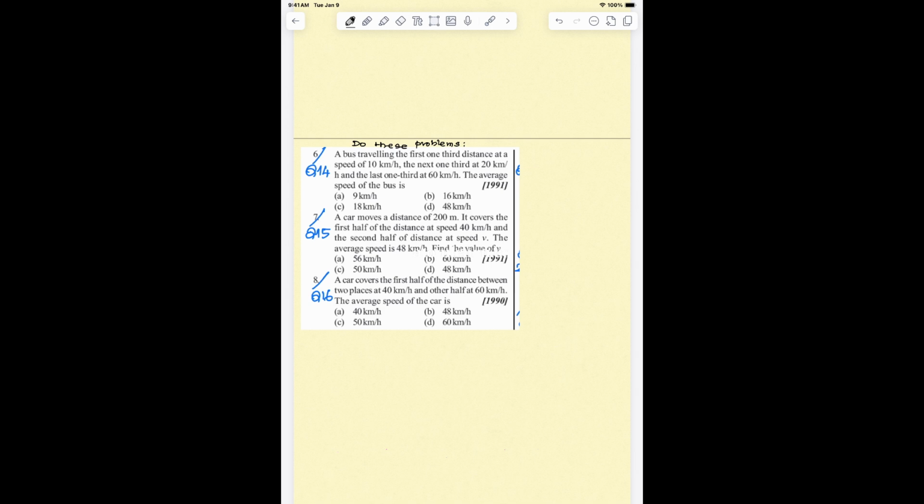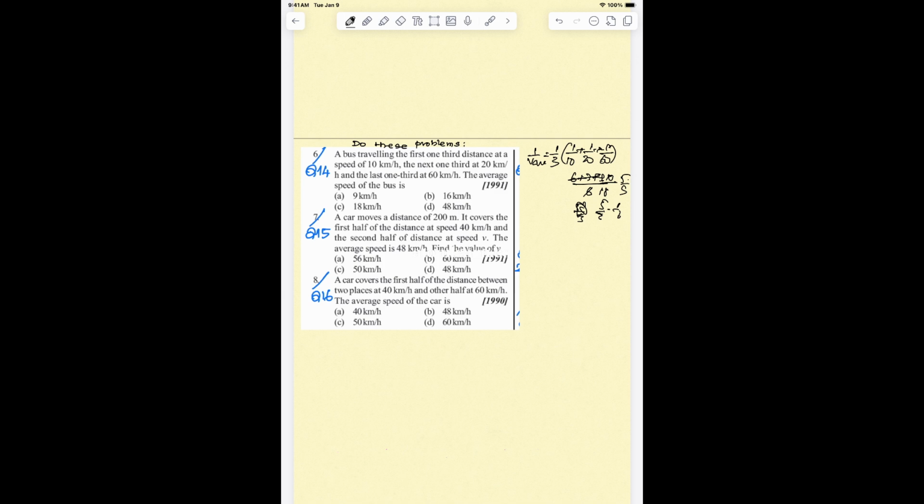Therefore, the answer is going to be 1 by V average, which is 1 by 3 of (1/10 plus 1/20 plus 1/60). Now the LCM is 6, so 6 plus 3 plus 1.